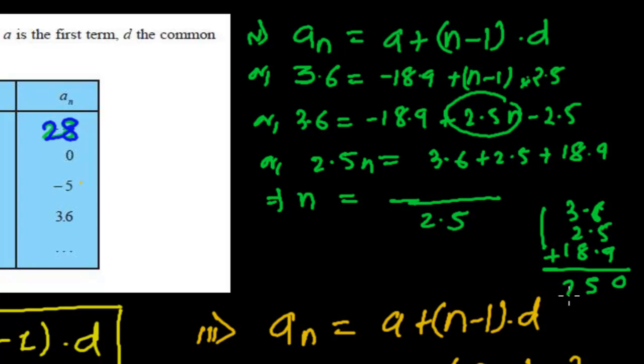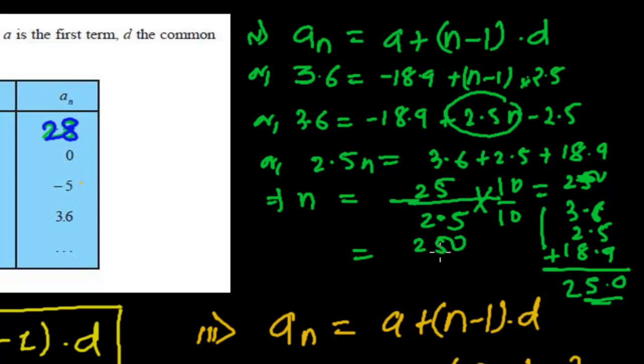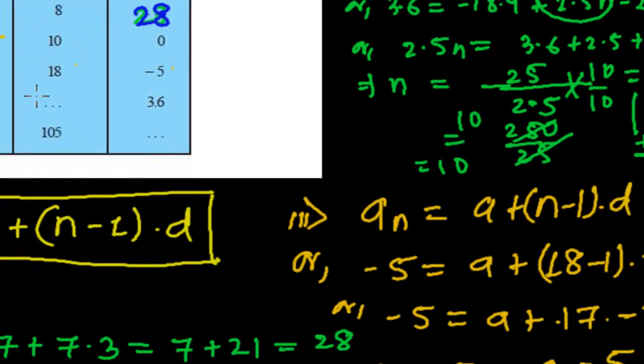So 1 plus 2 is 3, altogether it is 25. So 25 over 2.5; multiplying by 10 and 10 we get 250 divided by 25, and 25 10s are 250, so the value of n is 10.